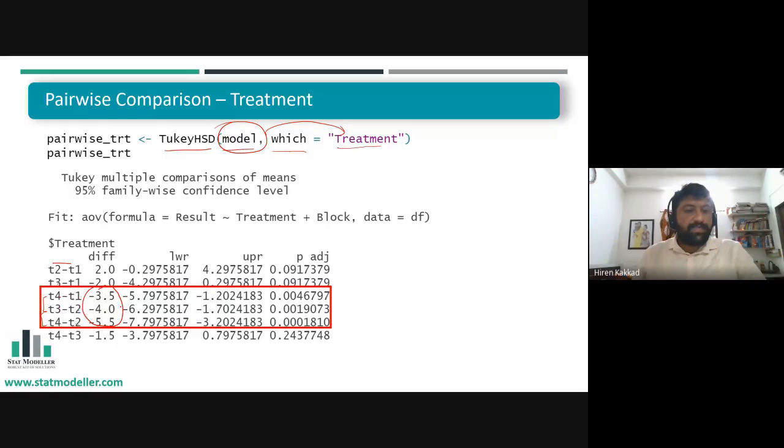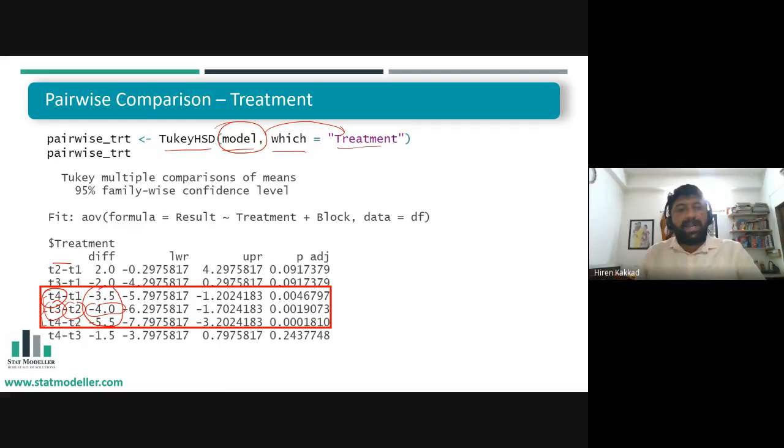So here in this case, we can assume that this T2, not T2. Okay, so T4 is the worst, right? Because it is coming in a negative. So T4 is the worst treatment, you can say, among all these four. Here also compared to this T3, T2 is best, because it is also in a negative in comparison to this T3.